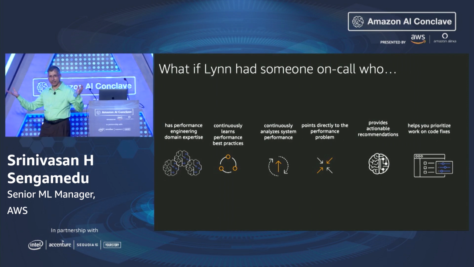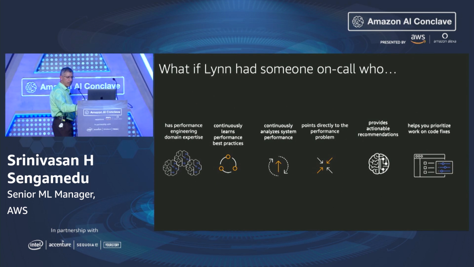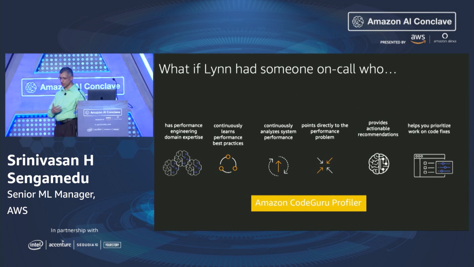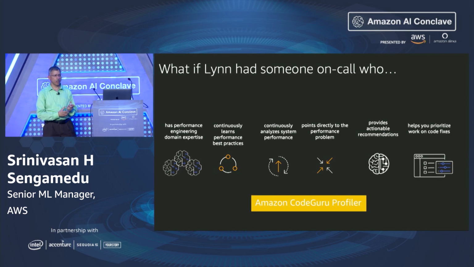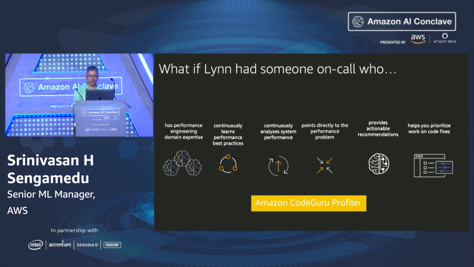This is an ideal world. This is what we would like, and this is exactly where CodeGuru Profiler fits in, right? I'll give you examples that highlight how it helps with these kinds of issues.